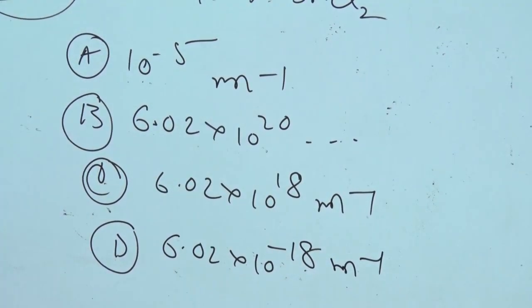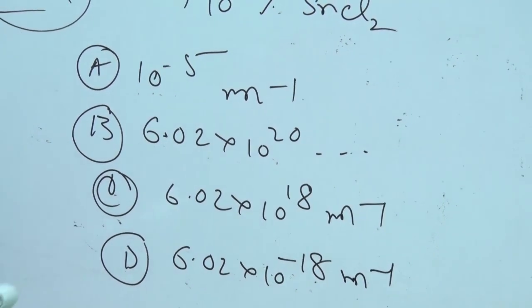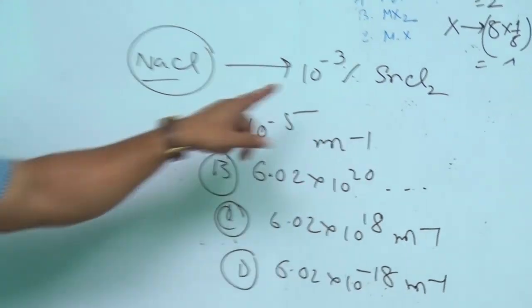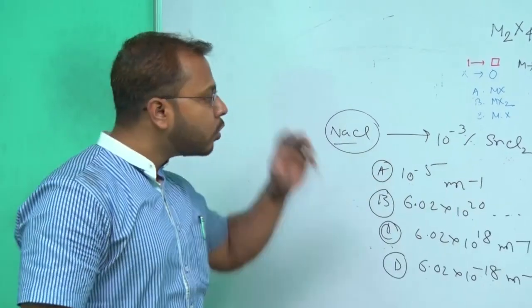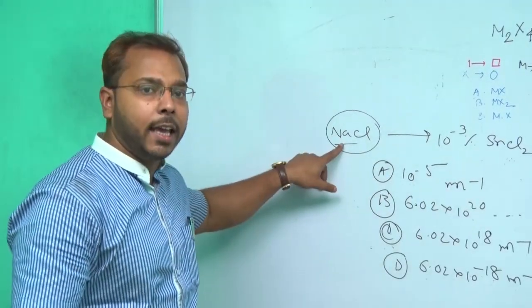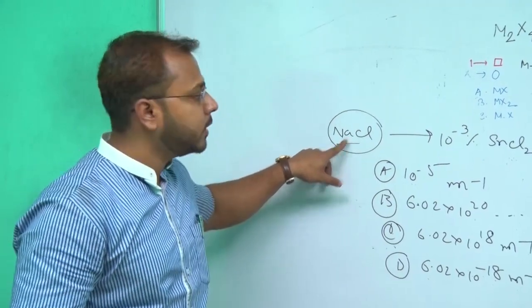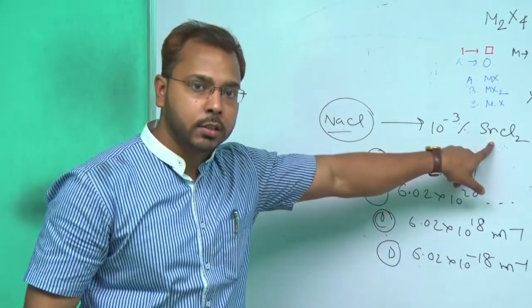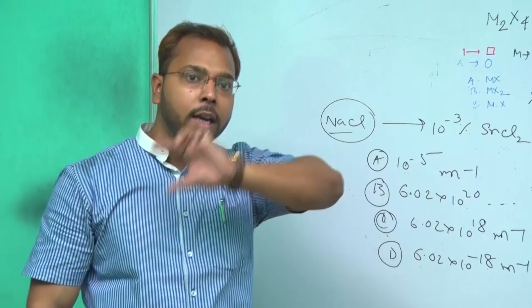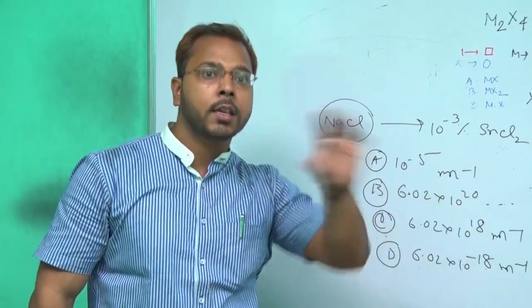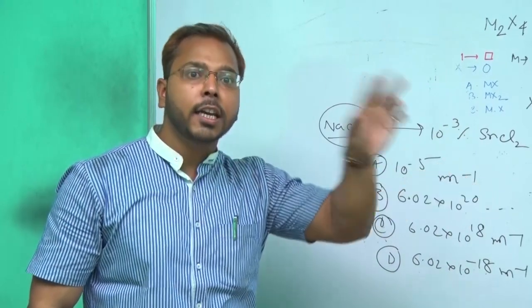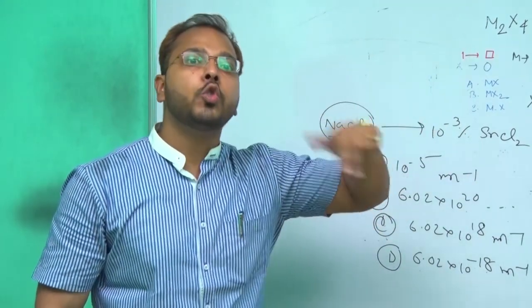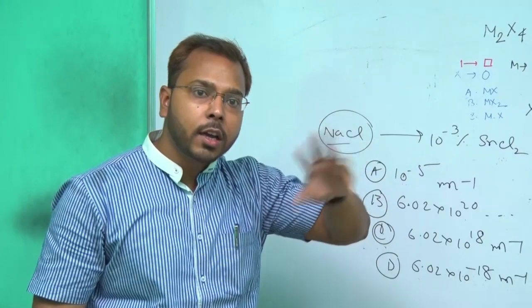Okay, so the question is, NaCl is doped with 10 to the power minus 3 mole percent of SrCl2. So we need to consider that Na has plus 1 charge and Sr has plus 2 charge. So when one Sr2+ is doped in the crystal, then 2 Na+ should be removed to maintain electrical neutrality.